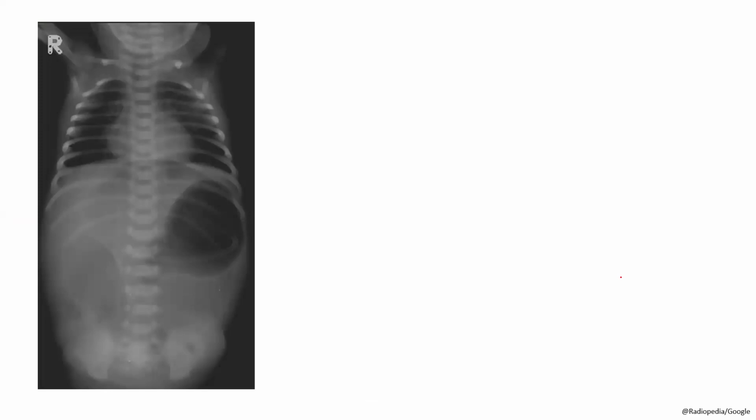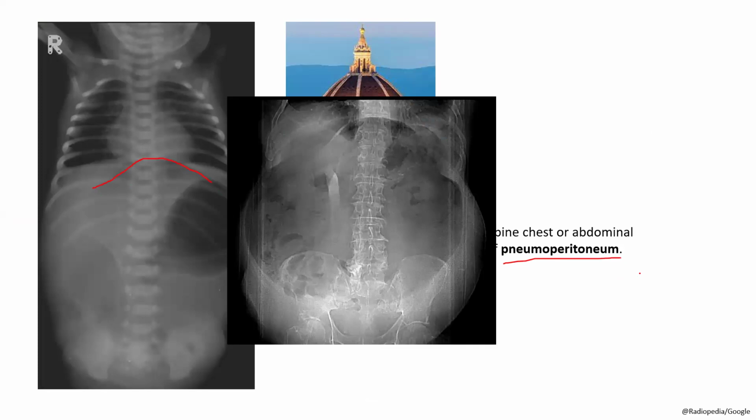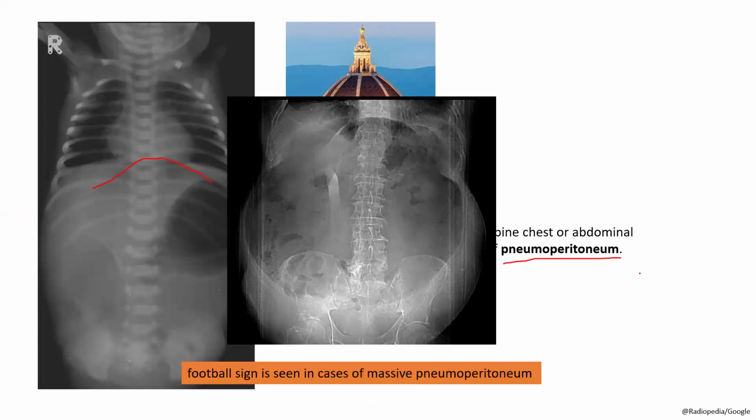What is this radiograph showing? This is cupola sign. You can see presence of air under the central dome of the diaphragm. So this indicates presence of pneumoperitoneum. When pneumoperitoneum is massive, it can appear like a massive football sign.